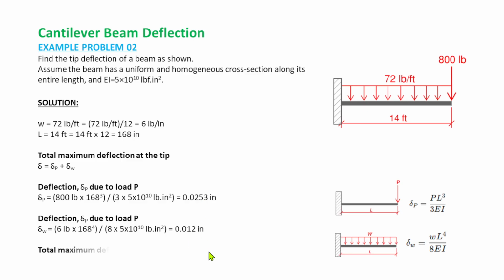If you add the maximum deflections of these loads, that will give us 0.0253 plus 0.012, a total of 0.0372 inches. So that is the maximum deflection at the tip of the cantilever beam.